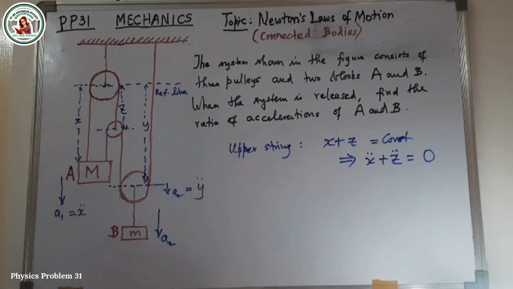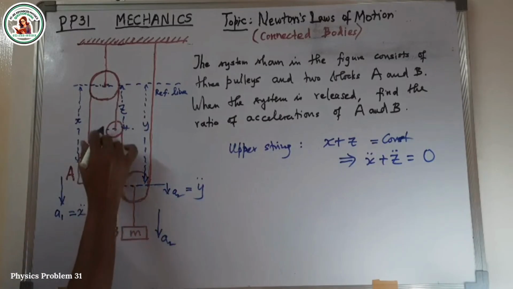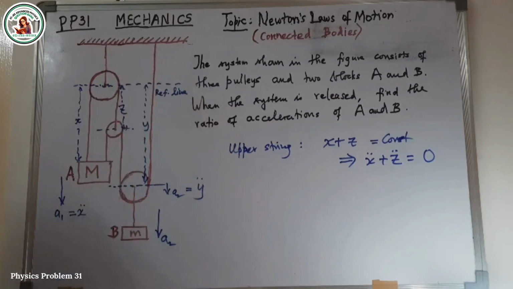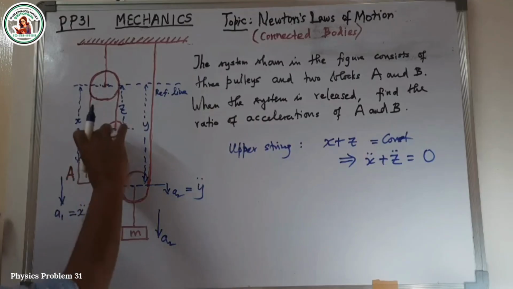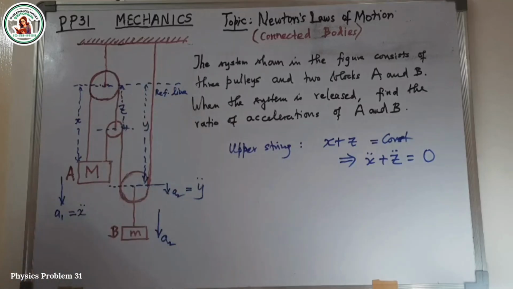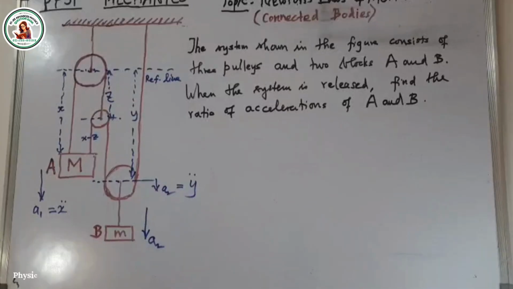Now the lower string. Starting from here, it goes up to that. Wherever the variable portions are, this portion is variable, this is variable, and this is variable.